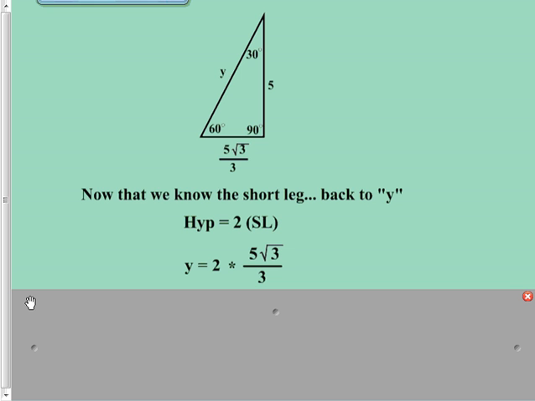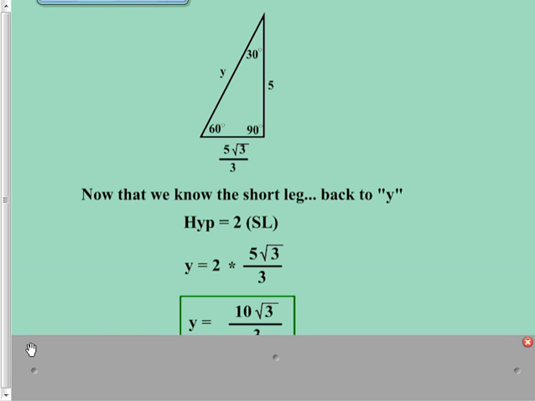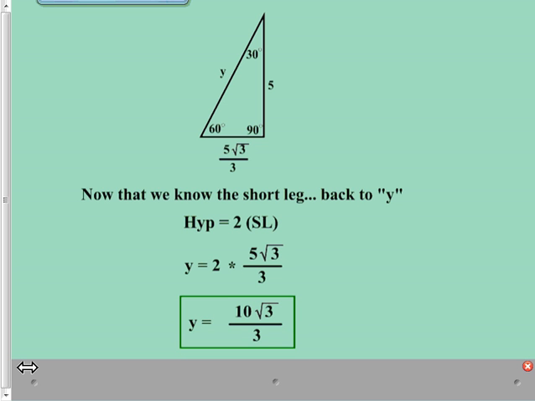So the 2 is going to go get another whole number in the numerator, which is the 5. 2 times 5 is 10. Square root of 3 is unchanged. The only thing that would mess with a square root by multiplication is another square root. It did not have another one to mess with it, so it's still sitting there. And the 3 in the denominator, it would have been affected by another denominator, and we did not have one. So the 3 is unchanged.